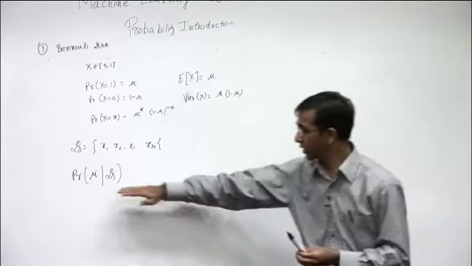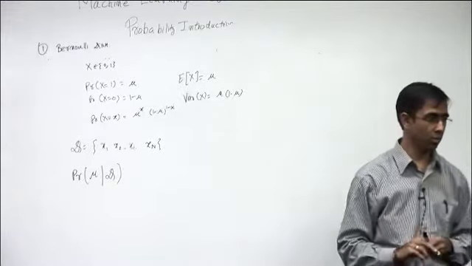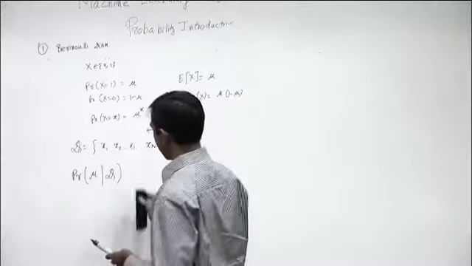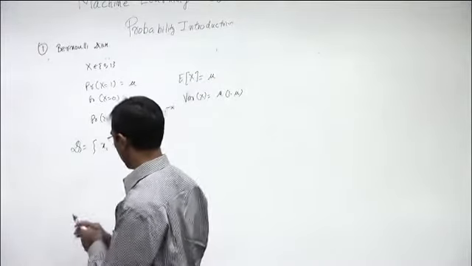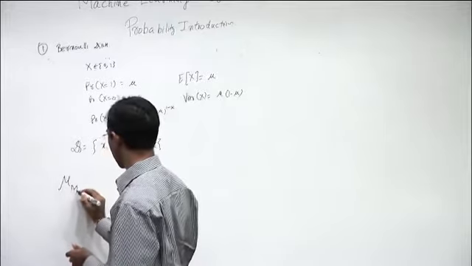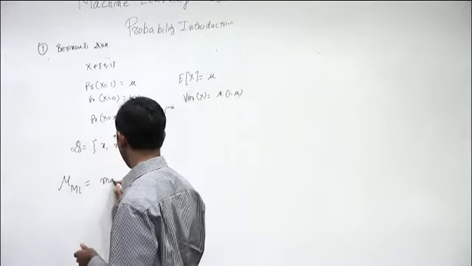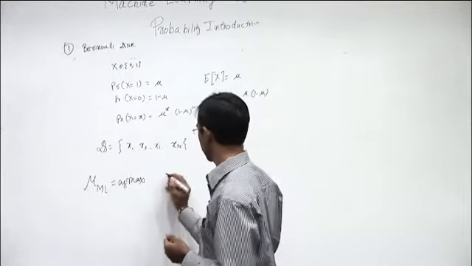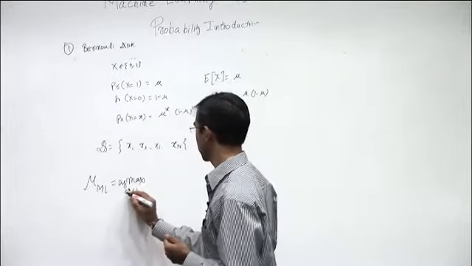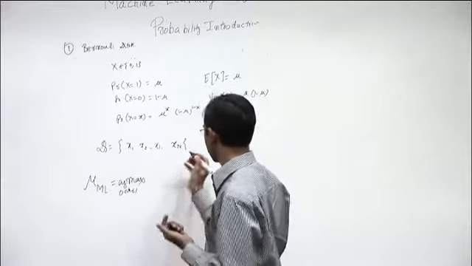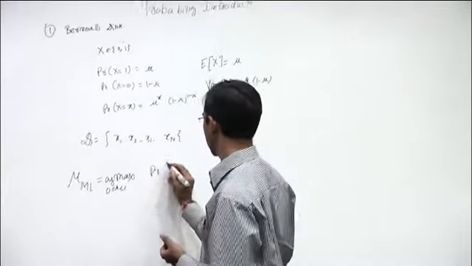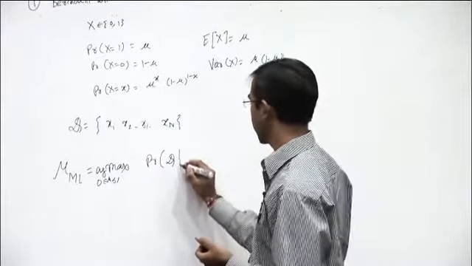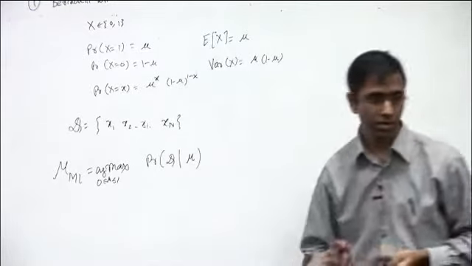For figuring this out, I can take, let's say, a frequentist approach. That is, I'll just maximize my likelihood, which implies that my mu ML is given by argmax. My mu should be between 0 and 1. And then I just want to maximize the probability of these observations given mu.